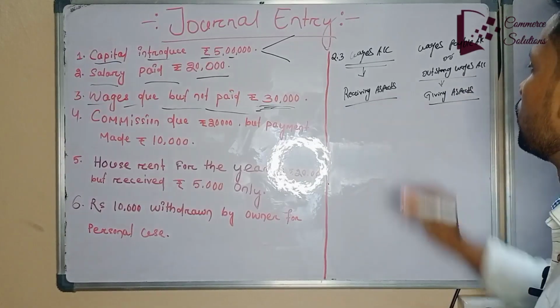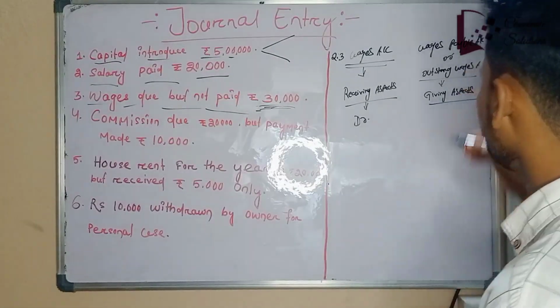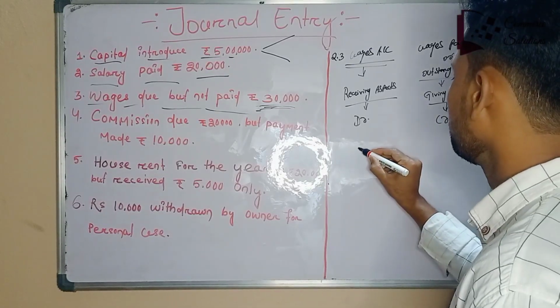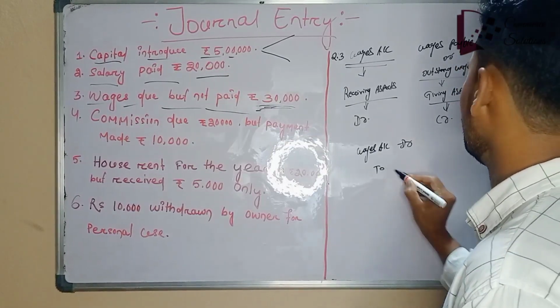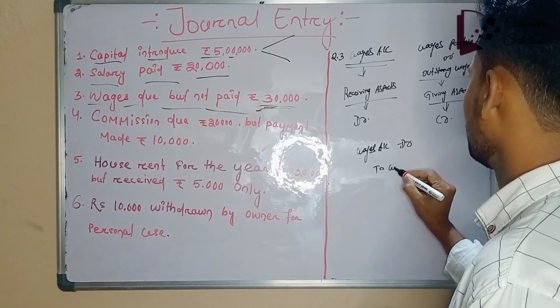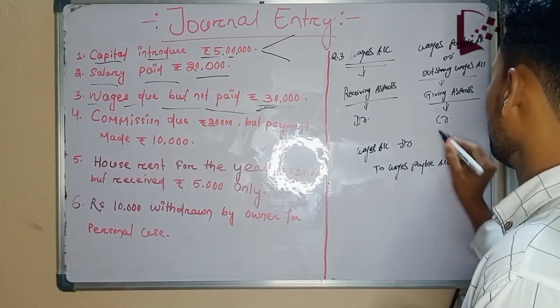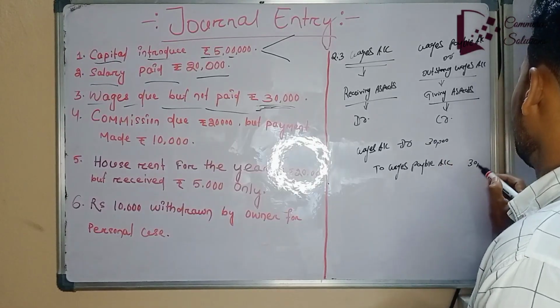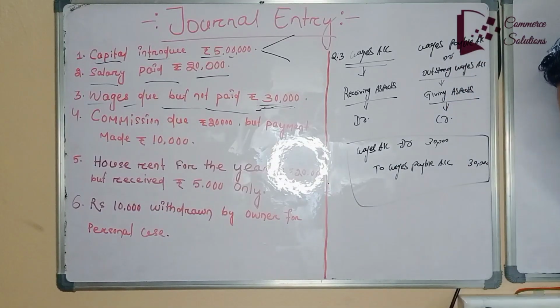Debit means receiving aspect and credit means giving aspect. The simple entry will be wages account debited to wages payable account. Amount will be 30,000. This should be the entry.